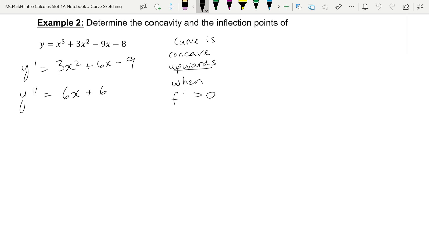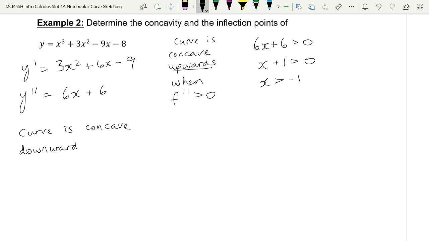So we're going to take f double prime and set it to be positive. So I'll divide both sides of the inequality by 6, and then I have x is greater than -1. So I can say, well, actually, maybe before I make any conclusions, let's also say that the curve is concave downward when f double prime is less than 0.